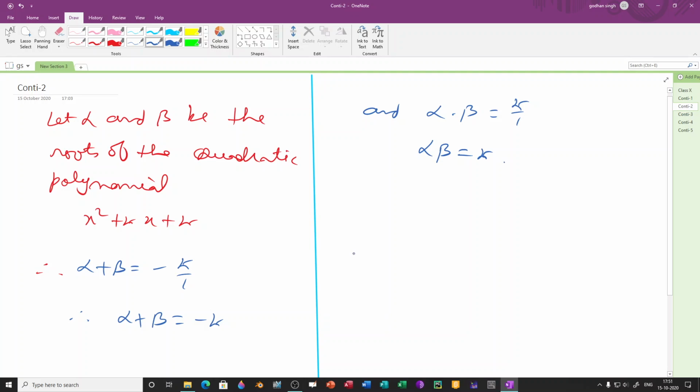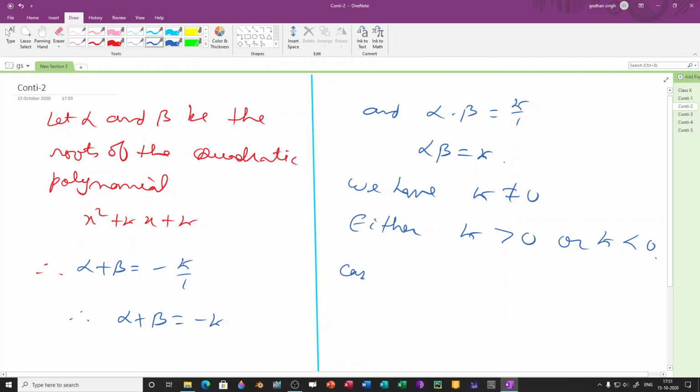Now what is given to us is k is not equal to 0, so either k is greater than 0 or k is less than 0. So let us take these two cases.